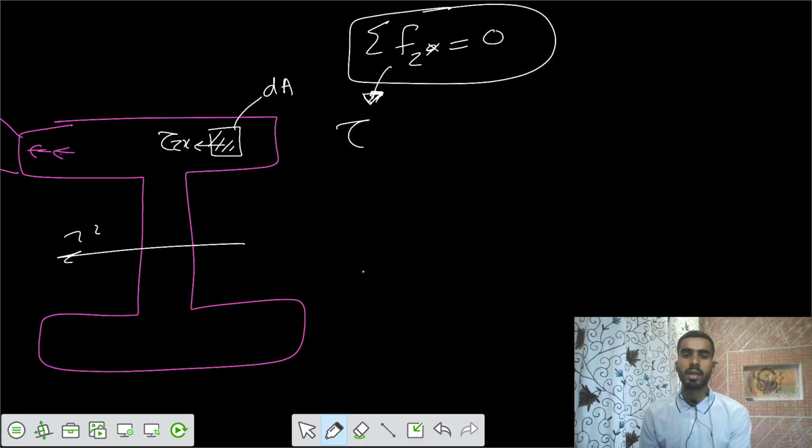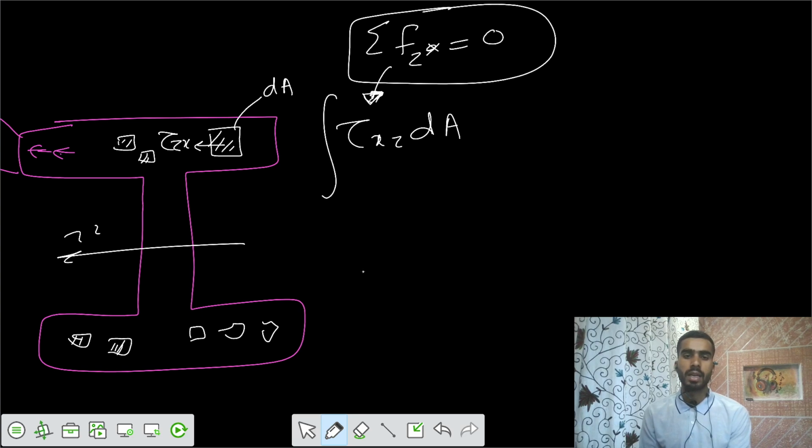There is only tau zx on those differential elements.